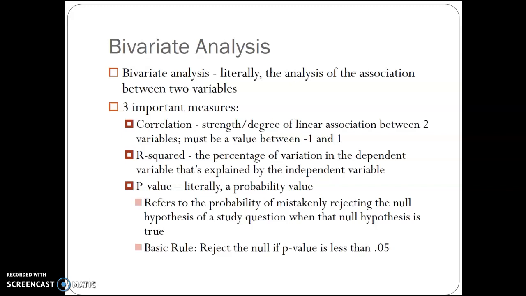But there's also going to be a p-value associated with it. That's going to give you an indication of the degree to which you may have mistakenly drawn a conclusion that you shouldn't have in your research. So really, the p-value is one of the most important statistics that we need to look at when drawing conclusions about our statistical tests.